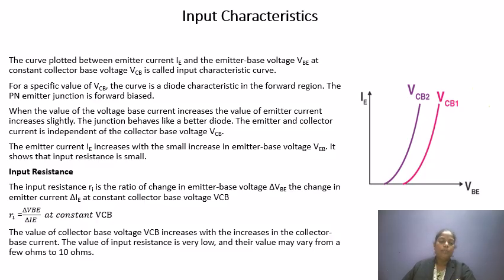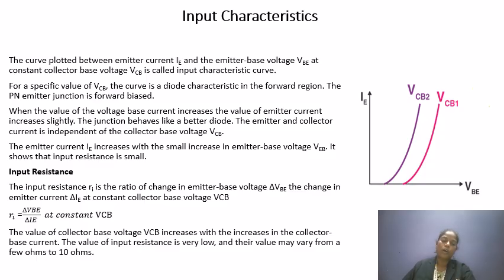Okay, so what's the formula for the input resistance? The input resistance is the ratio of the change in the input voltage, which is the emitter base voltage, to the change in the input current, which is the emitter current IE, with the constant output voltage, the collector base voltage.